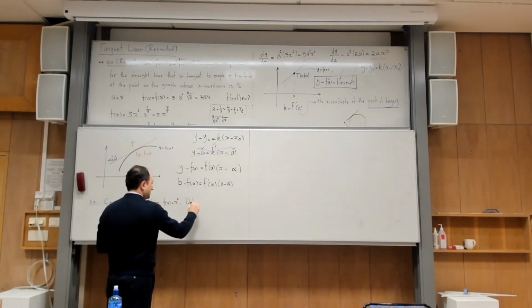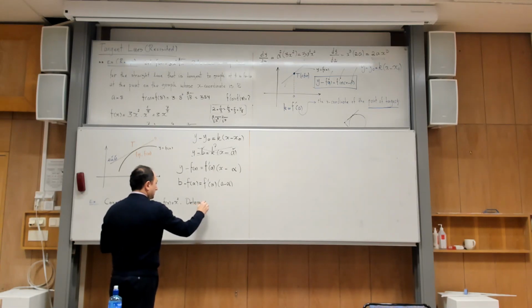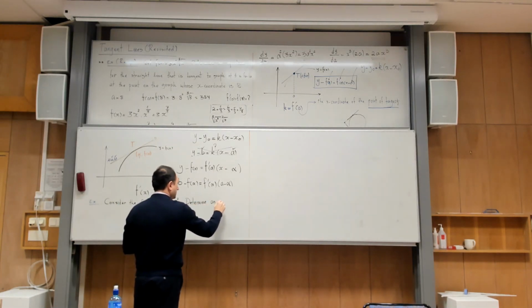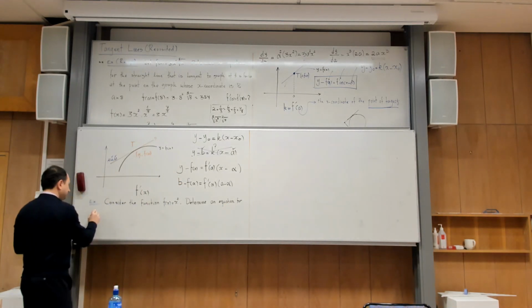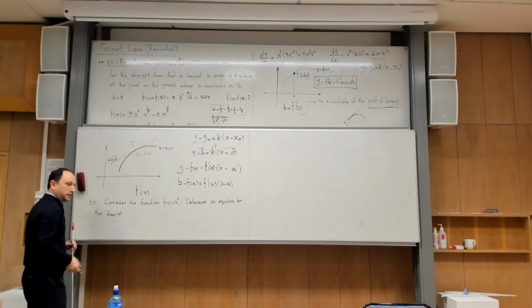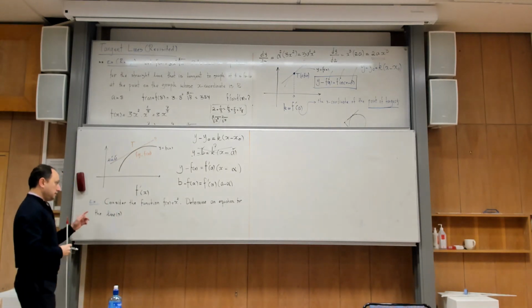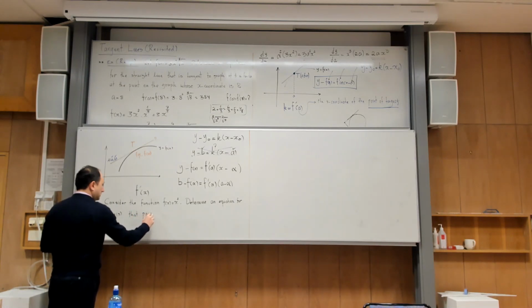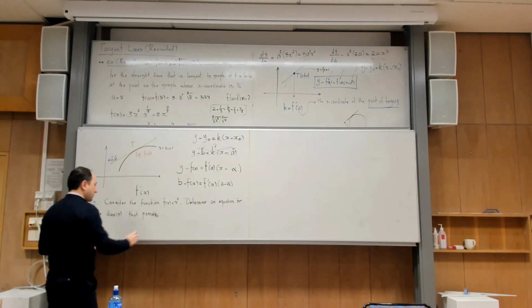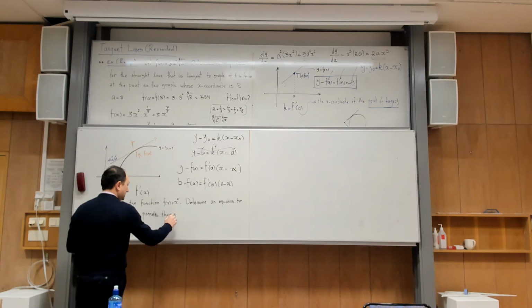Determine an equation for the line or lines, I don't know how many of them there are, that passes through the point.